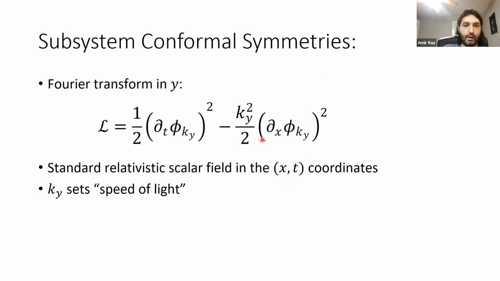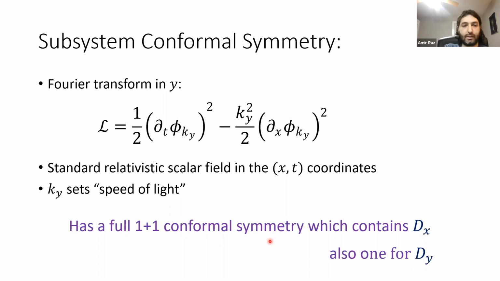Here ky can be thought of as some independent variable. So we have this full subdimensional conformal symmetry because now it only acts on the xt coordinates, where ky is some free parameter, and it contains dx.